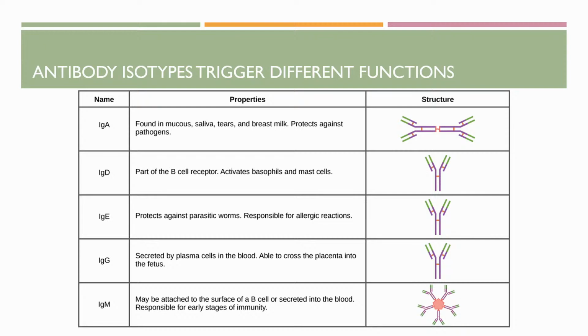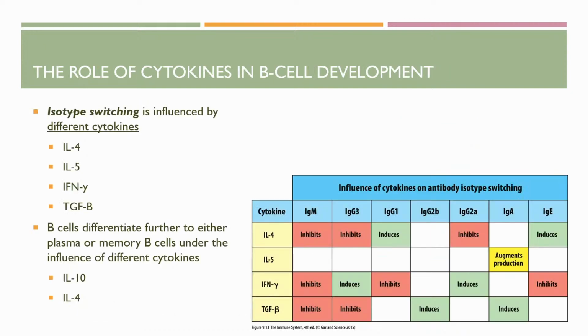You notice they all have Y shapes, but they are all different. They have different structures. This one's a dimer, and this one has 5 of them attached together. But the important thing is that these isotypes can switch back and forth and make different isotypes, and this is influenced by cytokines.